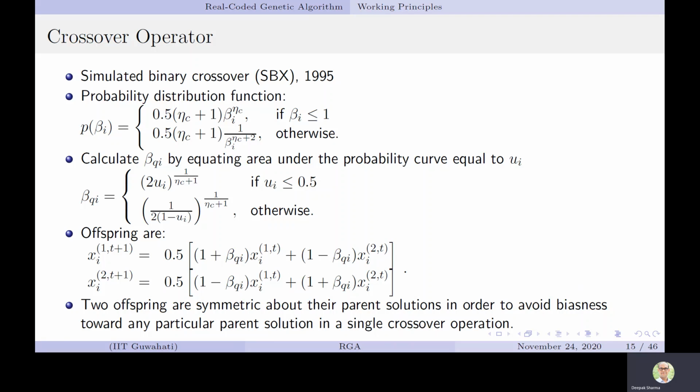So this we can correlate with the random number ui. When we integrate from minus infinity to some beta value, this should equal the random number.